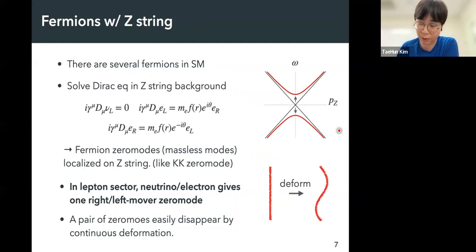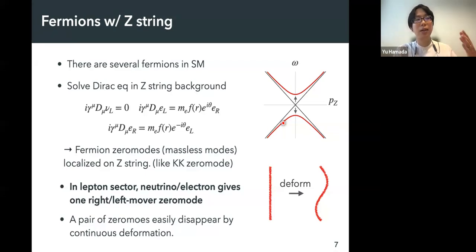That's what you're saying, right? Yeah, right, so that these zero modes are not propagating along the string. It is not bound to the string, right? Well, actually, it depends on how you deform the string. Sometimes this is still localized, and sometimes this is escaping to the bulk.